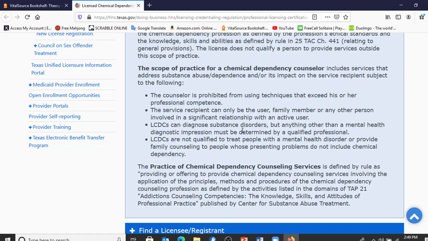LCDCs can diagnose substance use disorders, but anything other than a mental health diagnostic impression must be determined by a qualified professional. A diagnostic impression is something that I can write about the client.